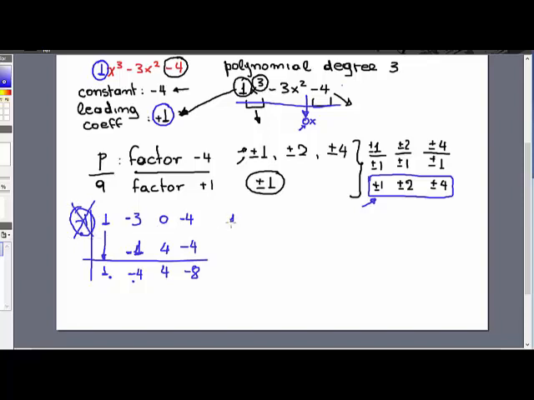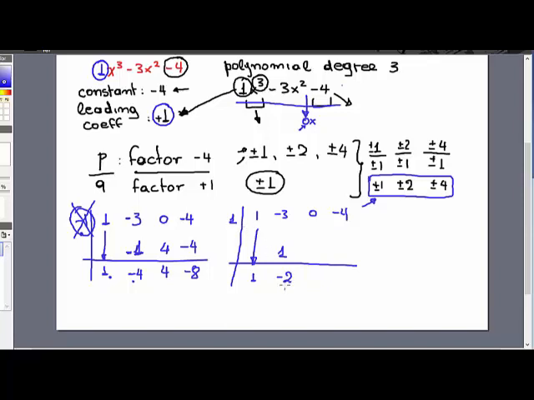Let's continue with the number 1. Again, you have 1, -3, 0, and -4. You bring down the 1, you multiply 1 by 1 and the result is 1. You add it to -3, the result is -2.